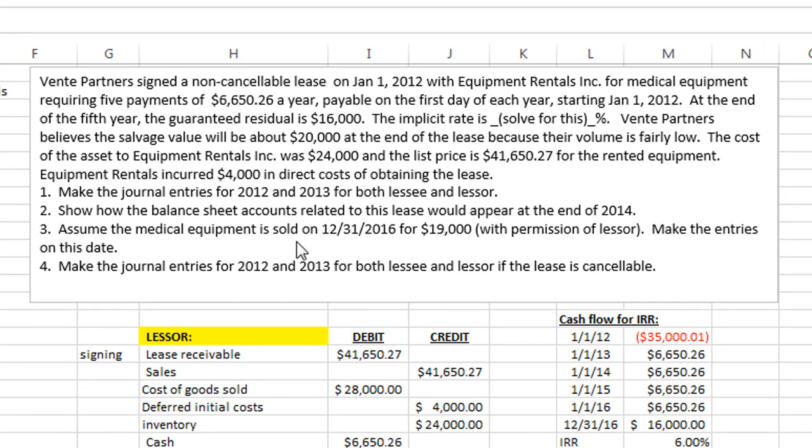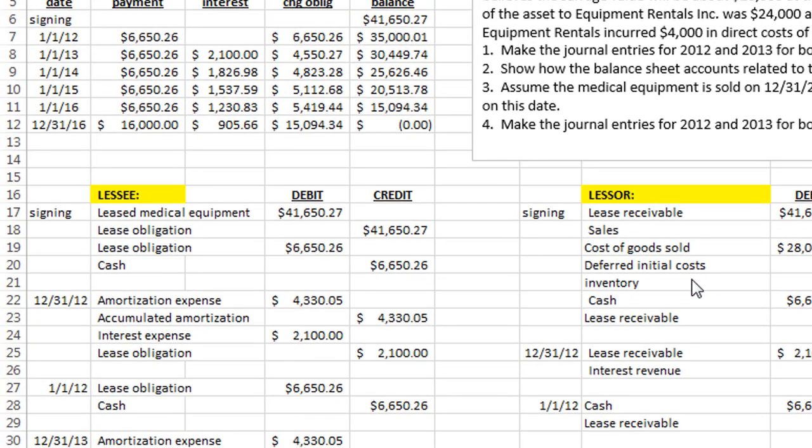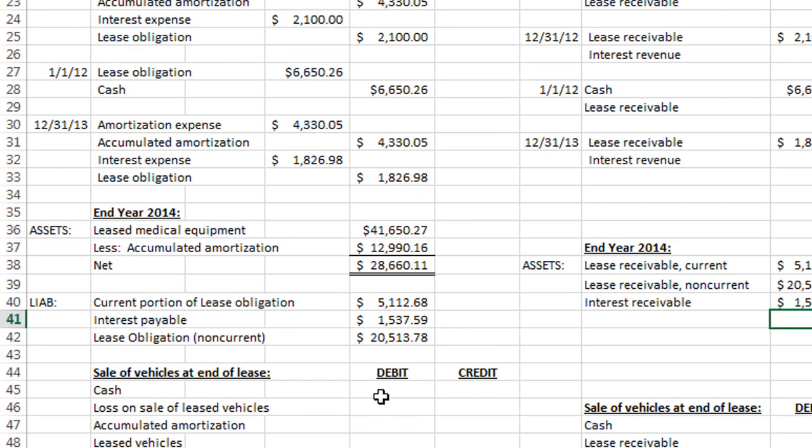They say here to assume that they sold it on the last day of the lease for $19,000. So $19,000 is coming in as cash. They've got to remove the asset from the books, so they've got to remove the leased vehicle that was put in there at cost.